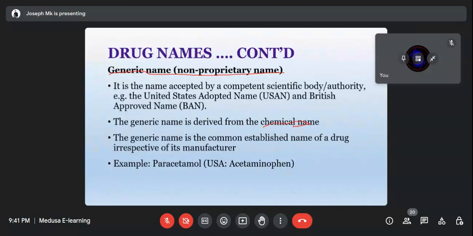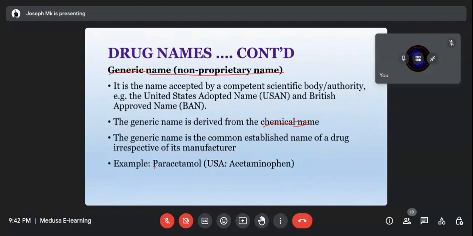So what you need to understand is that this generic name is the same no matter what company manufactured the drug. Let's say we are using the term paracetamol. Pharmacists, for example, will call a certain drug paracetamol.